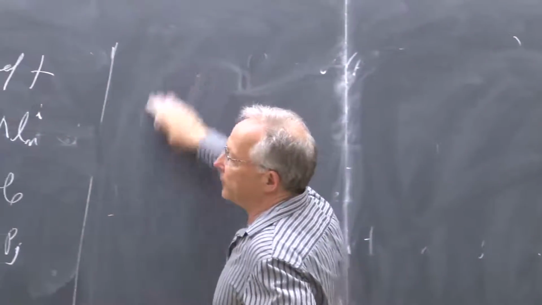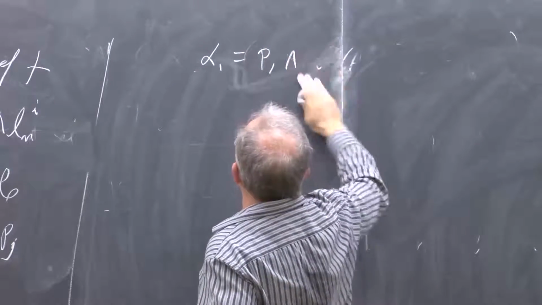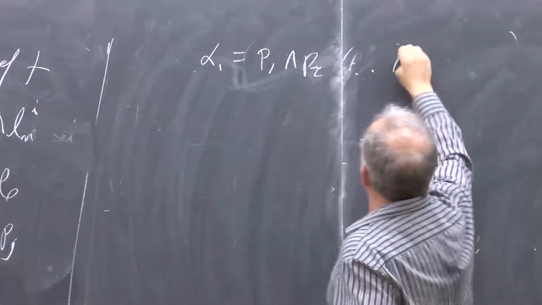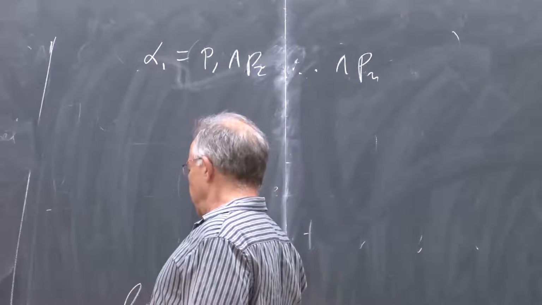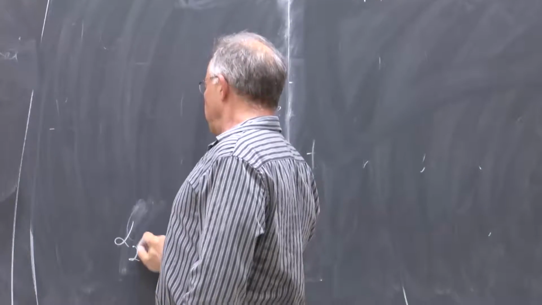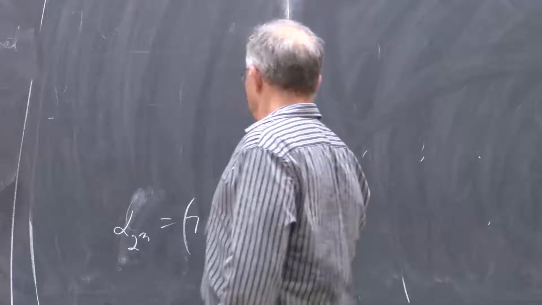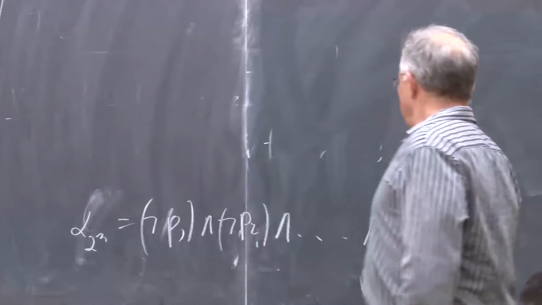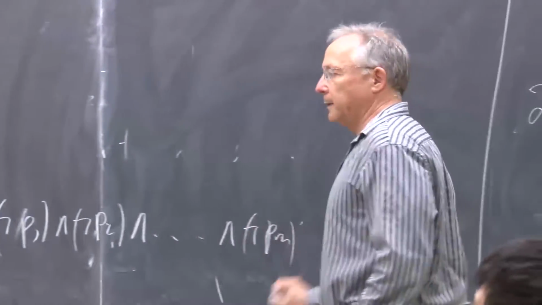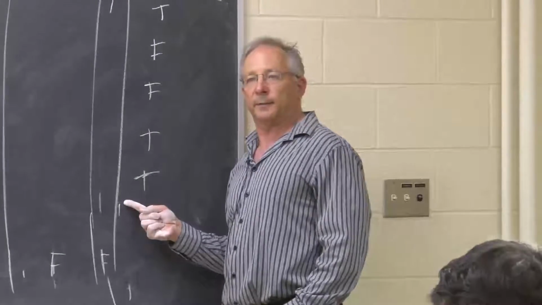So the first monomial, my first alpha, alpha 1, will be P1 and P2 and ... and Pn. And the last one, alpha 2 to the n, will be not P1 and not P2 and ... and not Pn. So each alpha i describes a row in the table.